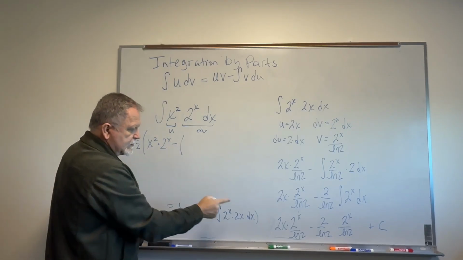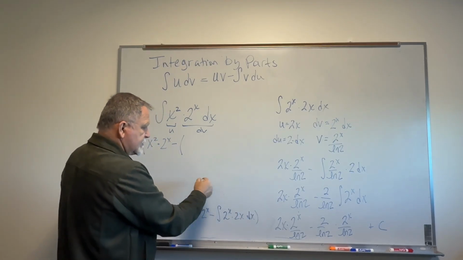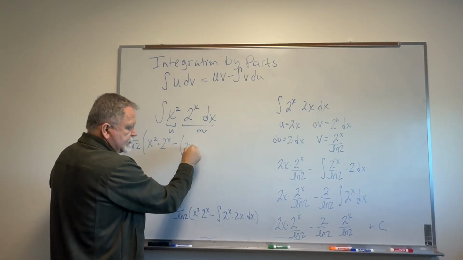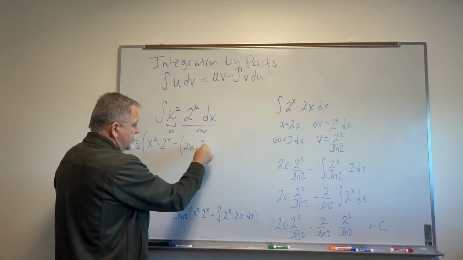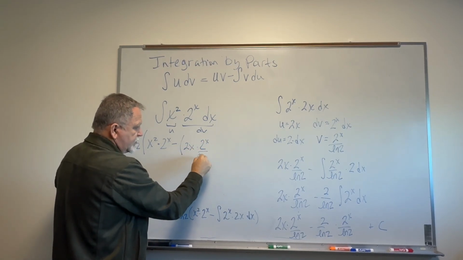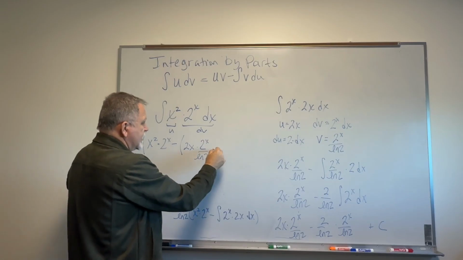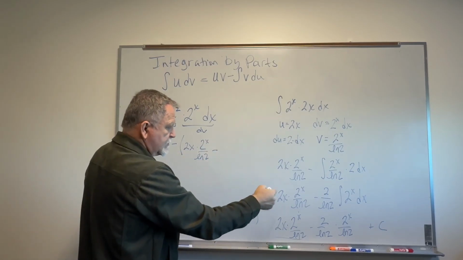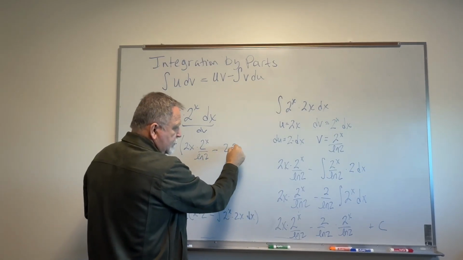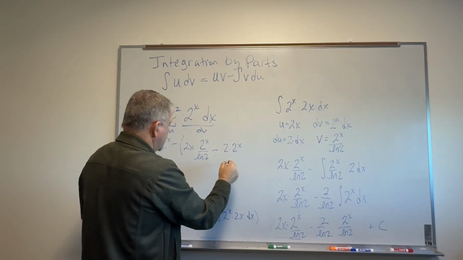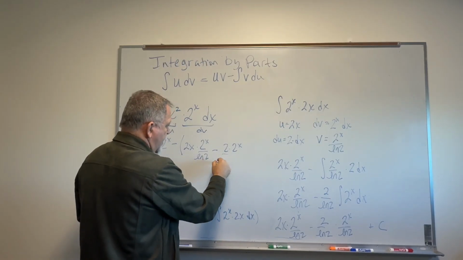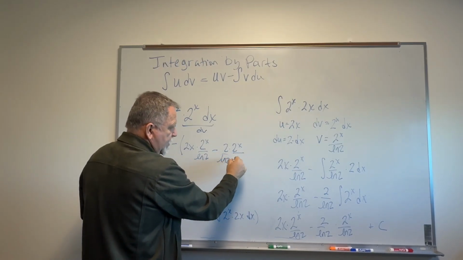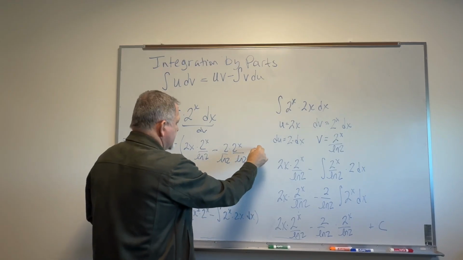That was 2x times 2 to the x over natural log of 2 minus 2 times 2 to the x, and then that's over natural log of 2 here, and then that's over natural log of 2 there, plus a constant.